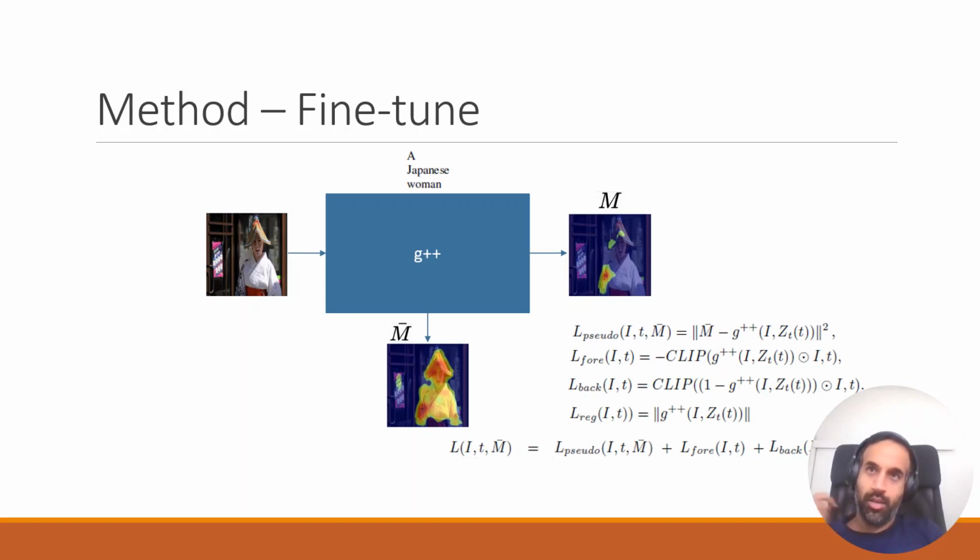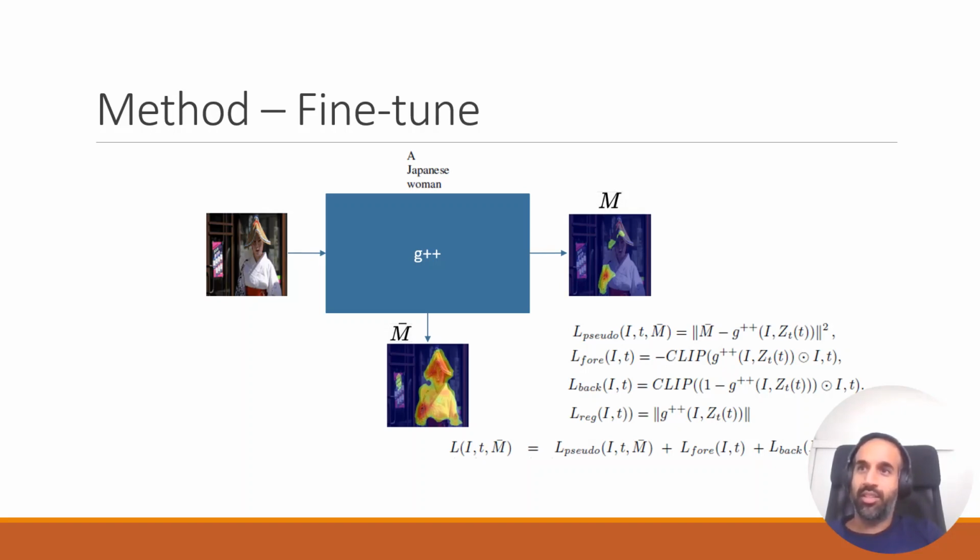And how do we do that? We call M bar the pseudo label from G, and with this pseudo label, we train what we call G++, with the previous losses of the WWBL architecture, with one exception.